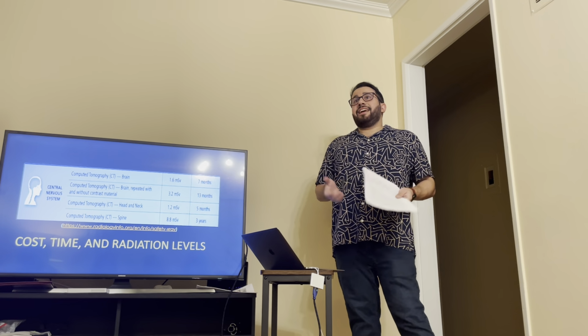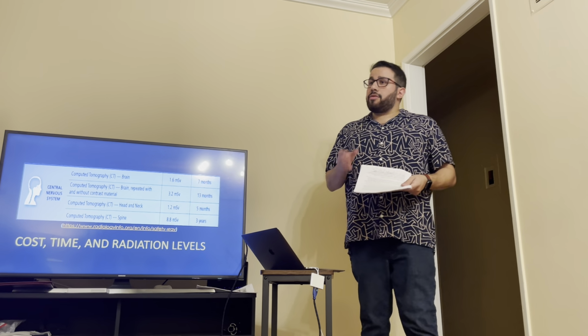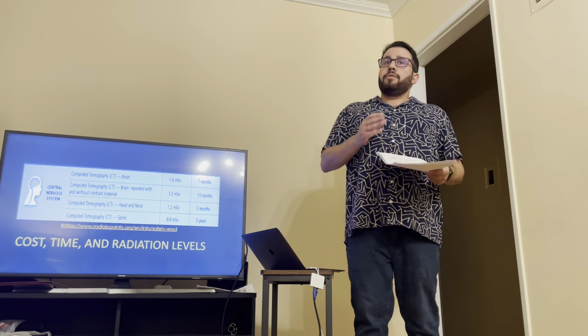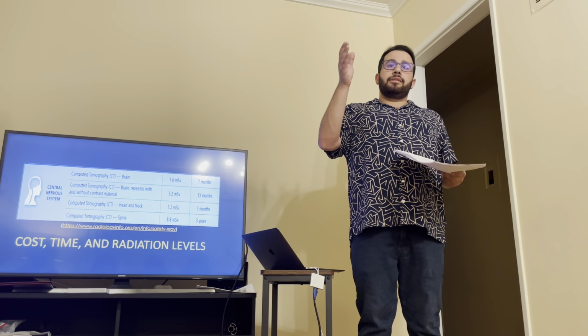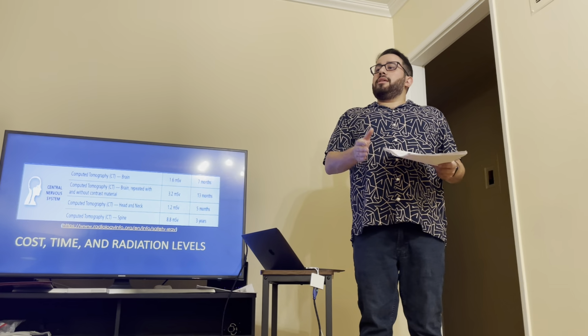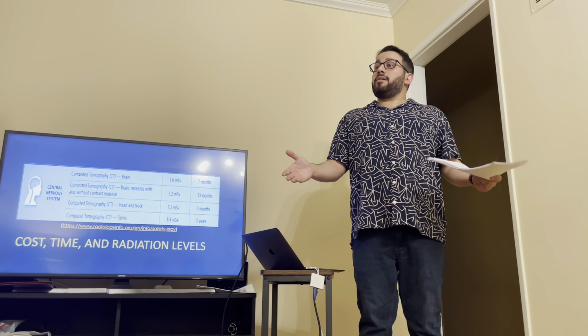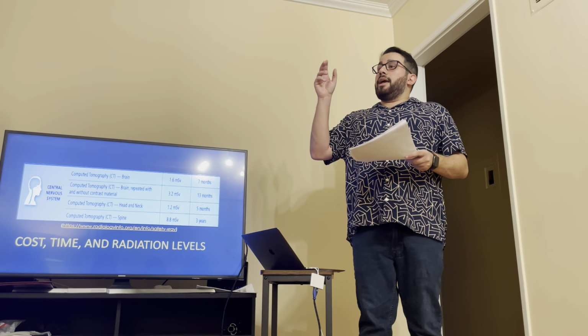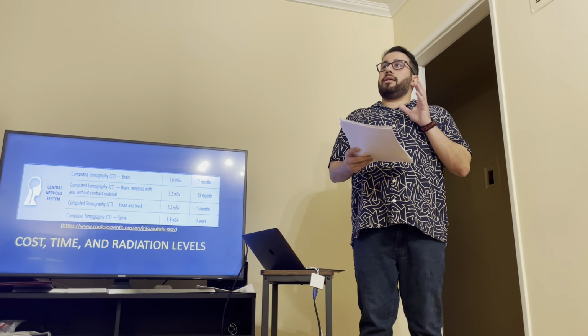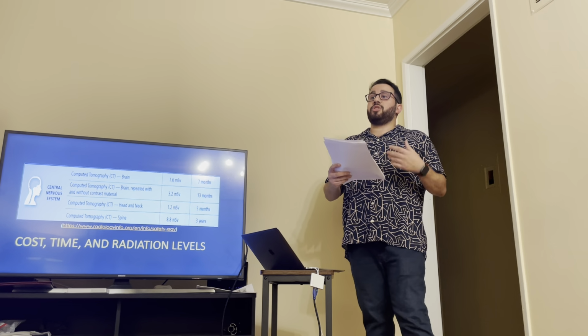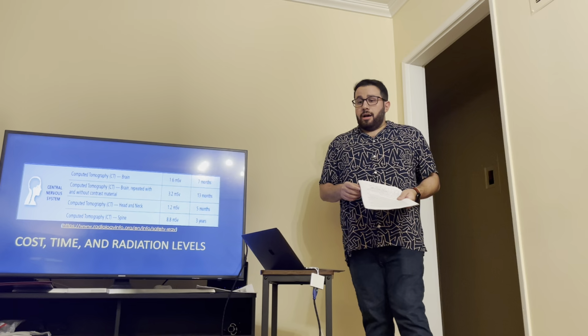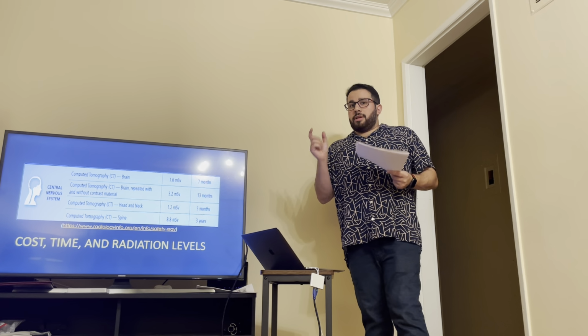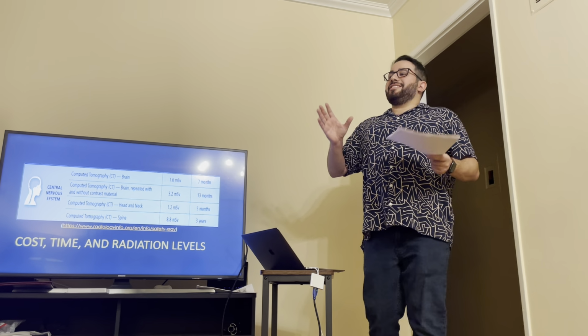A CT scan of the spine typically takes 30 to 45 minutes to complete, from the time the examination room gets set up to the time it takes for an accurate diagnostic image to be produced. However, the actual imaging time is only 10 minutes.